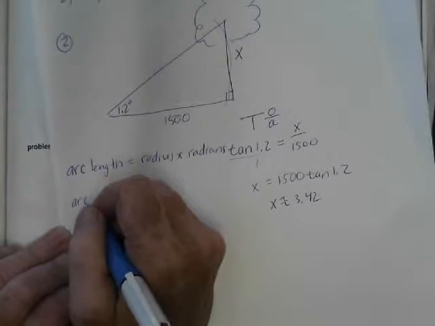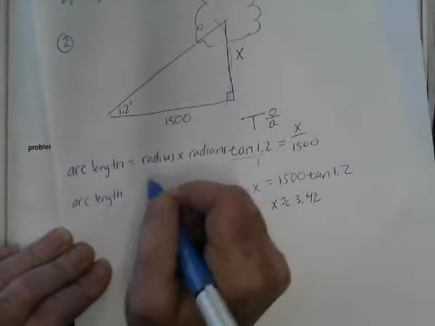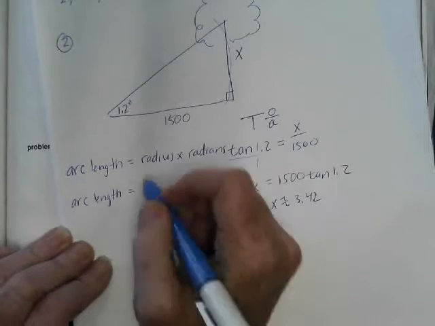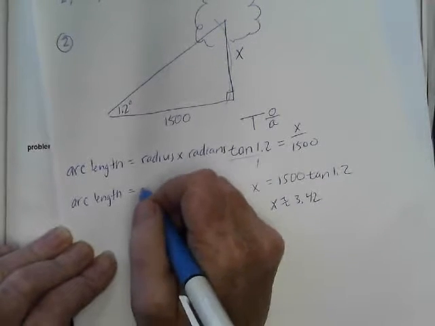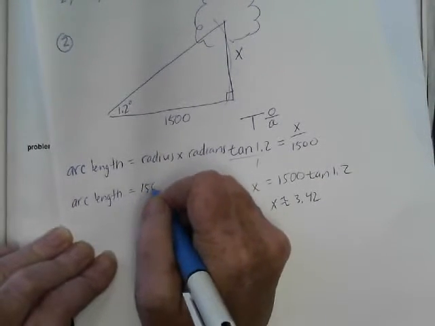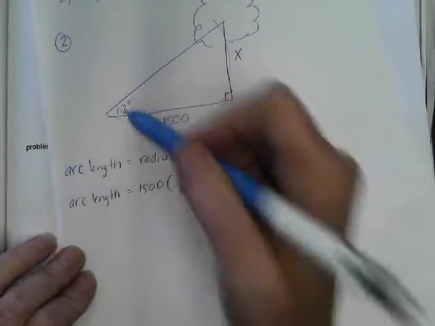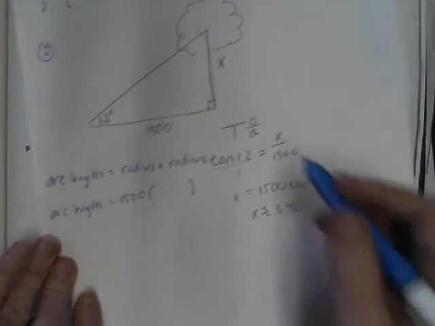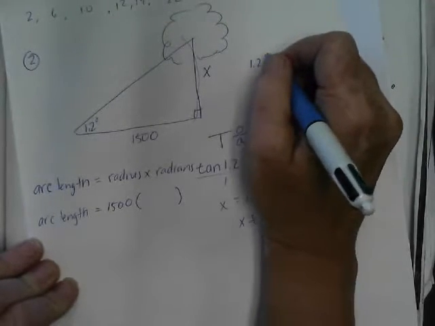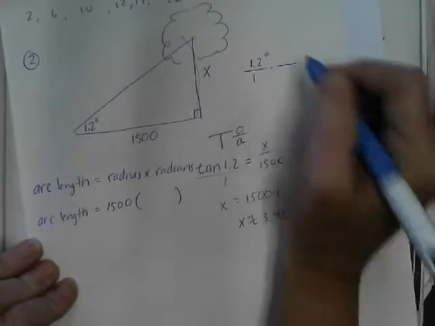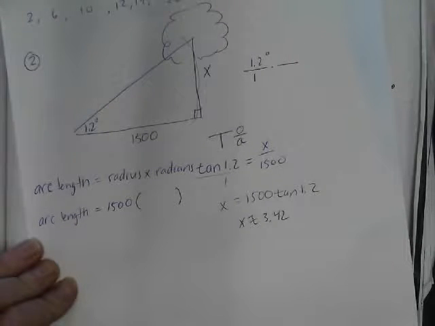So the arc length, which is actually how tall the tree is, equals the radius, which is 1,500, times the radians. Now to get that into radian measures, I just go like this: 1.2 degrees over 1. Does anyone remember the unit multiplier to convert degrees into radians? There's 2 pi radians in a circle.